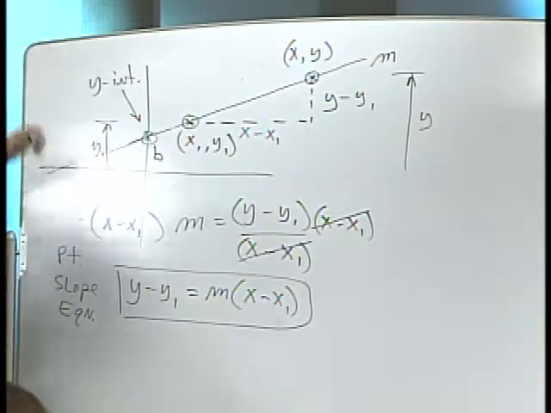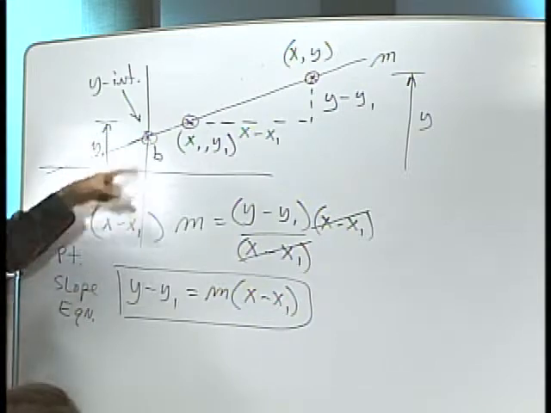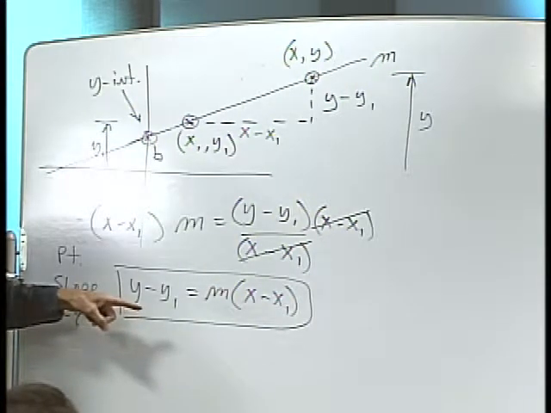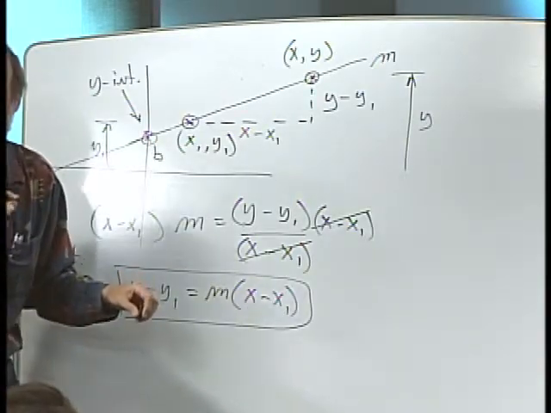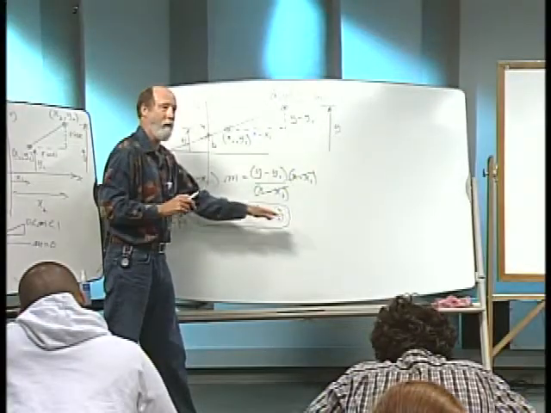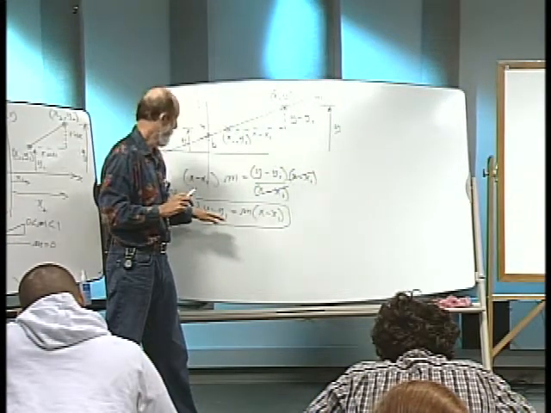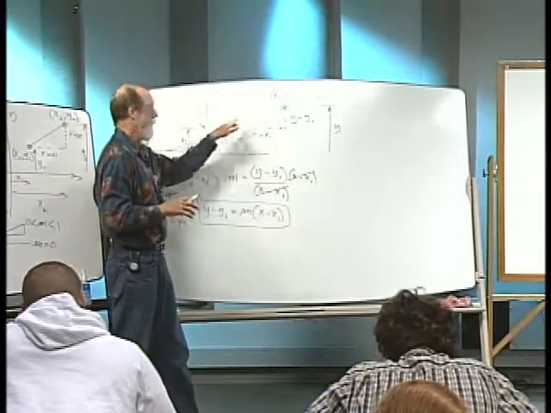Okay. So, does this equation have some y-intercept? Well, hold it. I saw some heads shaking no. Does this thing have some y-intercept? I saw some heads going no. Isn't this an equation that describes this line?